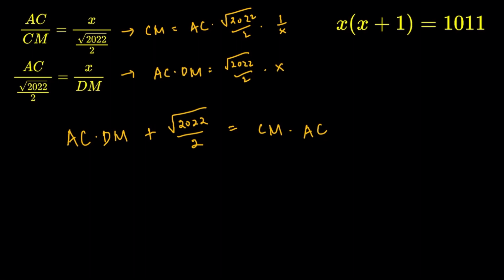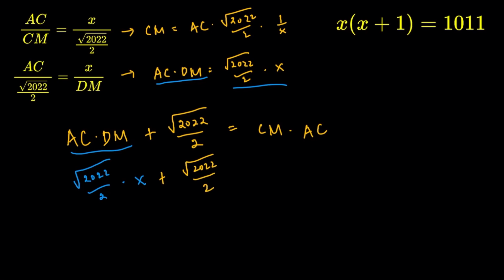All right, now the reason why I'm writing it like this is because I just want to eliminate other variables as much as possible. So taking a look at here, AC times DM, well, that's just that. I could replace it by the square root of 2022 over 2 times x. And then we're adding this one, square root of 2022 divided by 2, equals CM times AC.